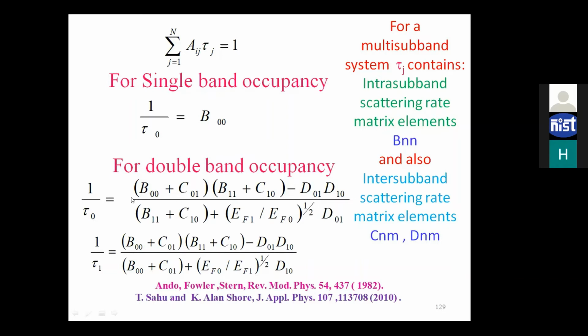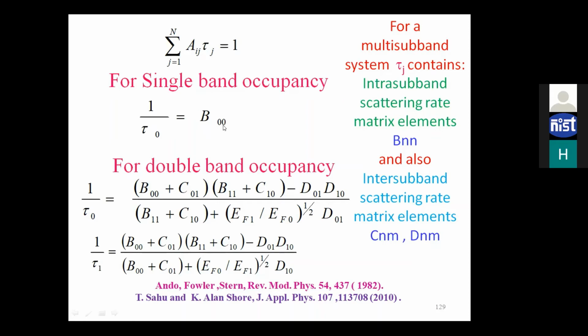That means tau 0 and tau 1 can be expressed in terms of B, C, D. These are the scattering rate matrix elements. Here B00 means a transition from the 0th subband to the 0th subband, so it is an intra subband transition.